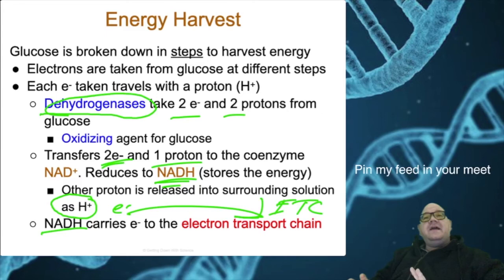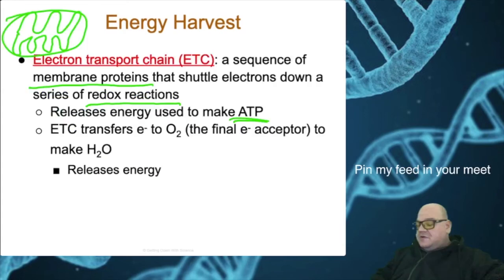That's what redox means. As they go through this, they release energy to make ATP. And the final step is to transfer electrons to oxygen. That's the final electron acceptor. It's kind of like the dumpster the electrons end up in, and we get water. This whole thing releases energy. All right.